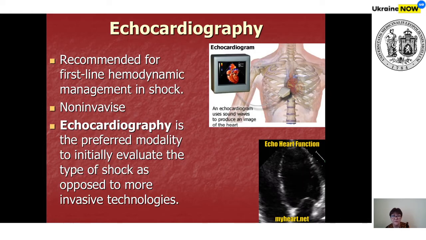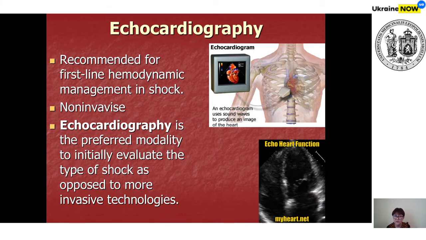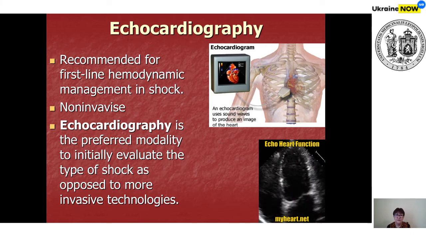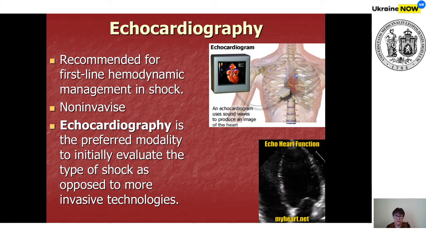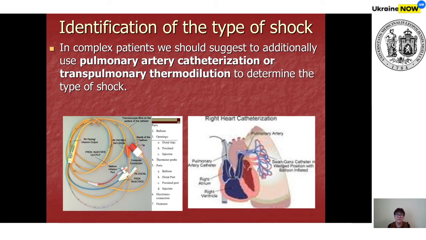Echocardiography is recommended for first-line hemodynamic management in shock. It's a non-invasive procedure. It's the preferred modality to initially evaluate the type of shock as opposed to more invasive technologies.